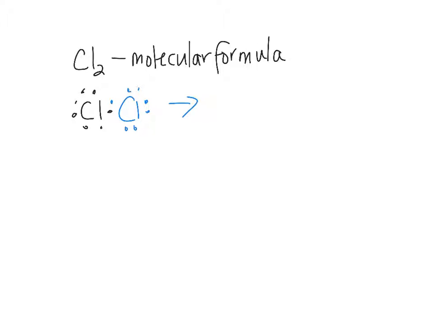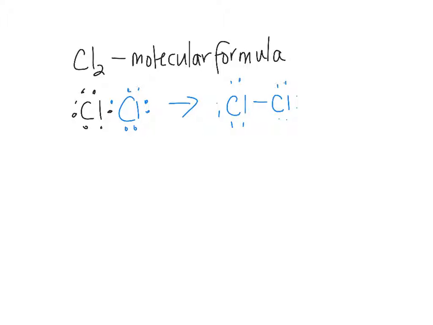You could also draw it where a short stick represents a bonding pair. And you put dots in for your lone pairs of electrons. Okay?